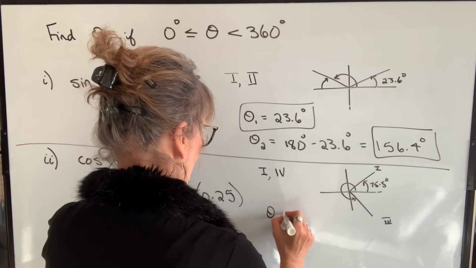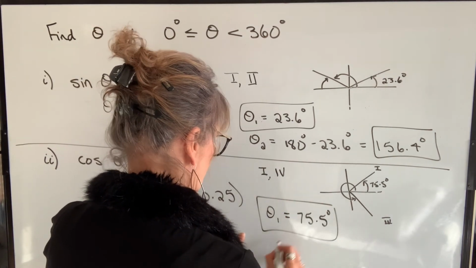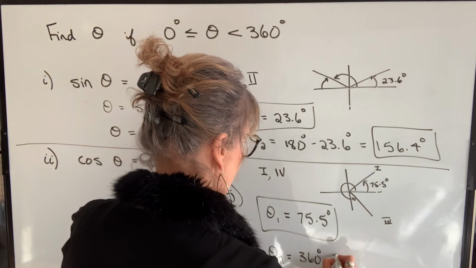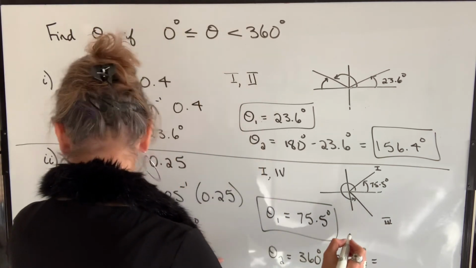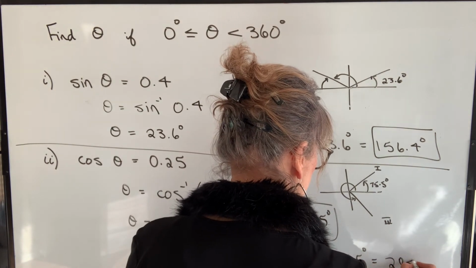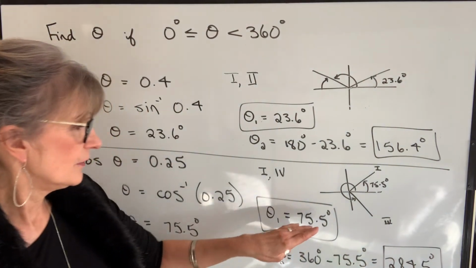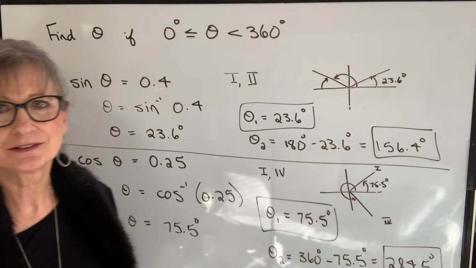So theta 1, the first angle, is 75.5 degrees. To get the second angle, I'm going to take 360 degrees and subtract a rotation of 75.5 degrees, and I get 284.5 degrees. So there's my two possibilities. Again, find the cos of this to check, find the cos of this to check.